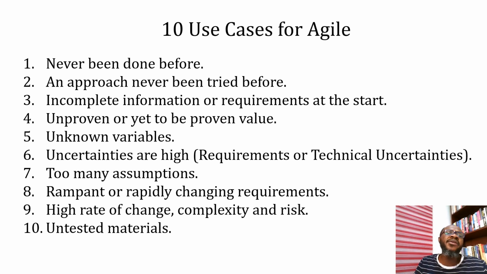That is not to say that if you are working on a predictive environment, or on a predictive project, because you want to go for agile, you hide some of the information so that you can be justified in your use of agile. Of course, you can use agile for any kind of project however you want it, but that is not what we are saying here. When naturally the information is simply not there, it's not available.